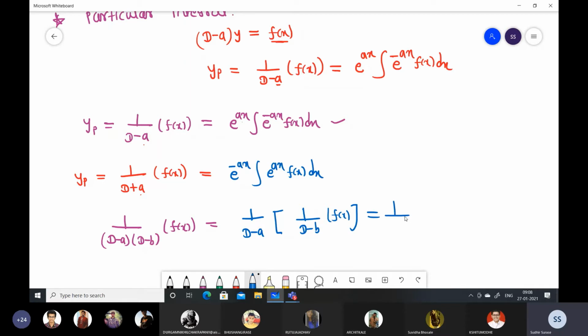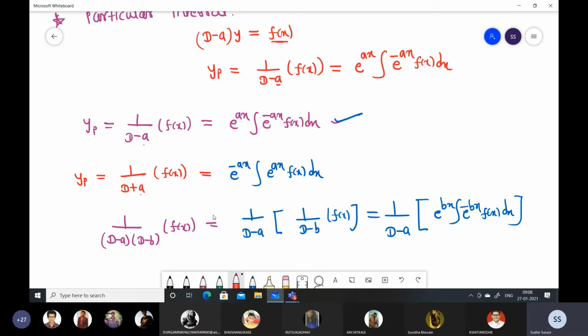This is simply 1 upon (D minus a), and in bracket according to formula number 1, we can write e to the power bx, integral of e to the power minus bx f of x dx. After solving this integral and multiplying by e to the power bx, you again operate 1 upon (D minus a) to get the answer. Or as I told you earlier, you can do the partial fraction and operate separately.